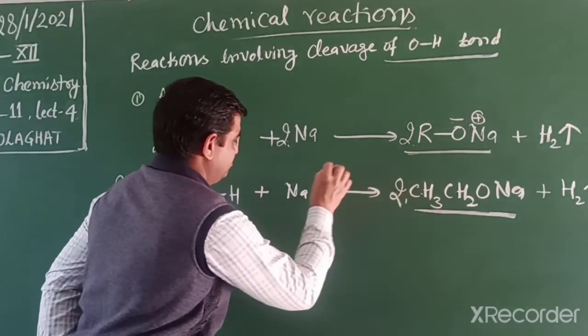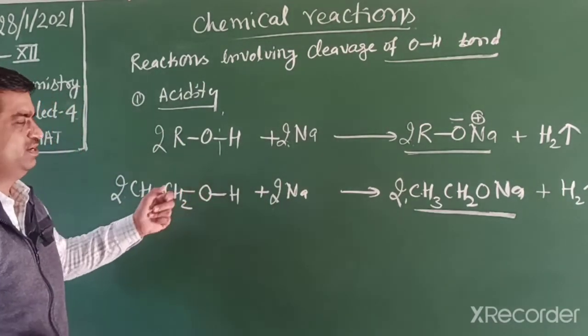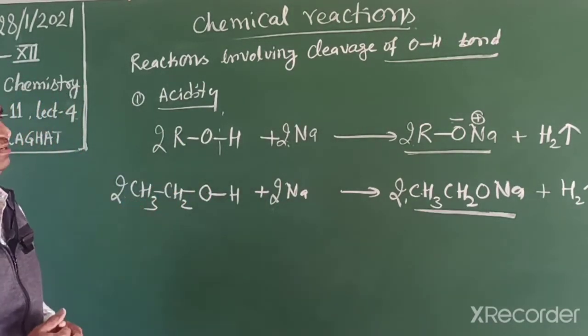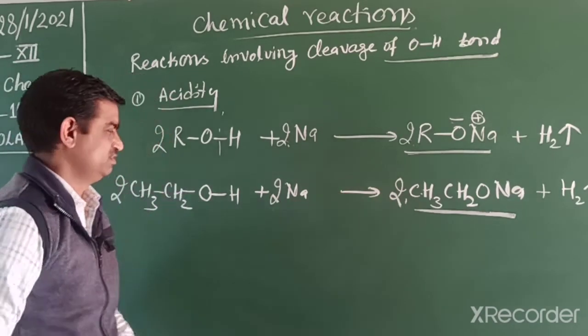Balancing the reaction. This is one example: when ethanol reacts with sodium metal, the product is sodium ethoxide and hydrogen gas.